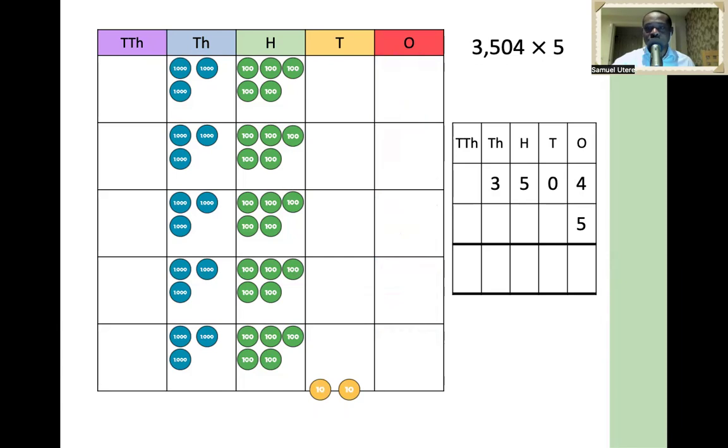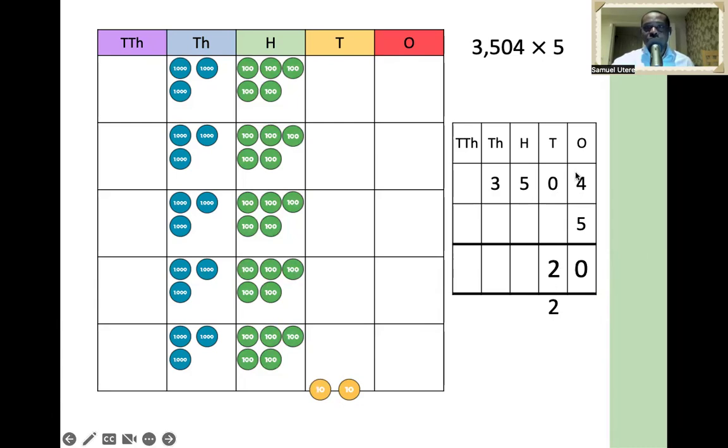That moves over to the tens column. We no longer have anything in the ones column, so we write a 0, because we've done our multiplication and we've done our exchange. So the 2 tens is now here. Next, 5 times 0 is 0, so we simply write our 2 there.